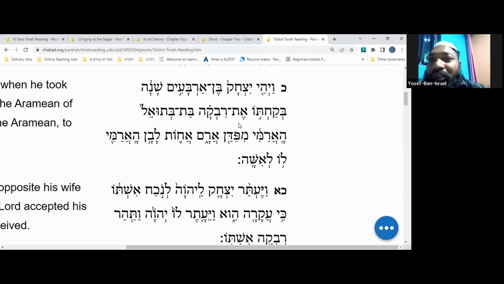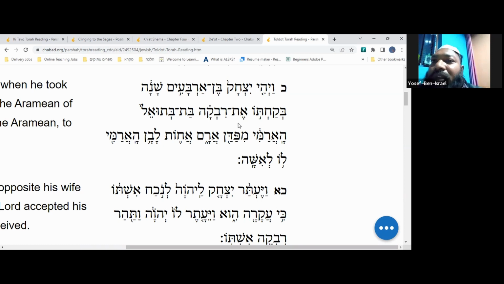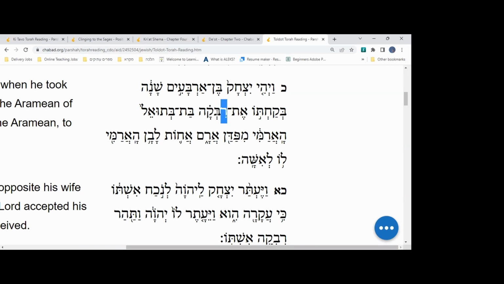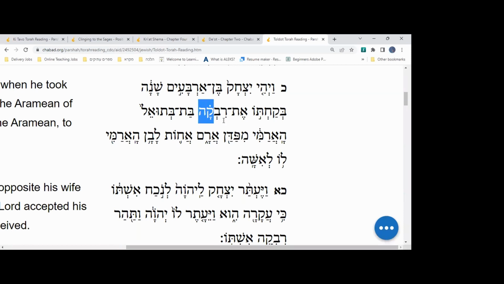It is Ribqah, or you have two choices. It's either Rivqa, which is accenting the first syllable, or it's Rivqa, which is accenting the second syllable. You tell me which one is correct.